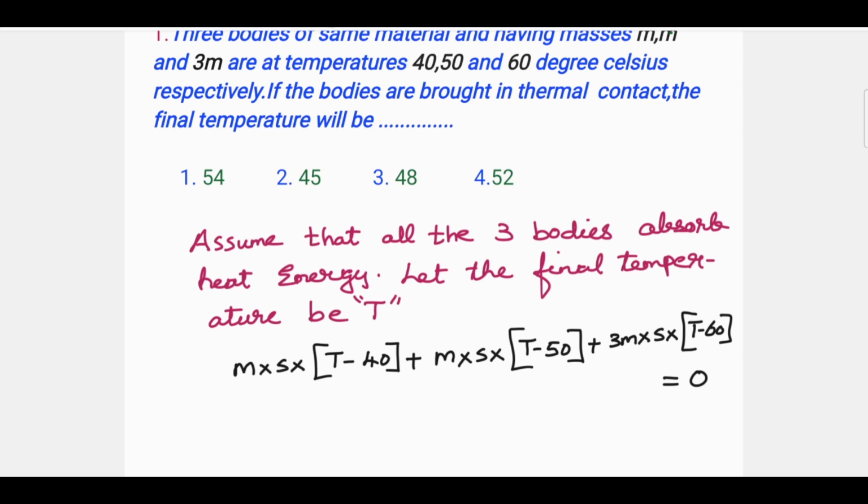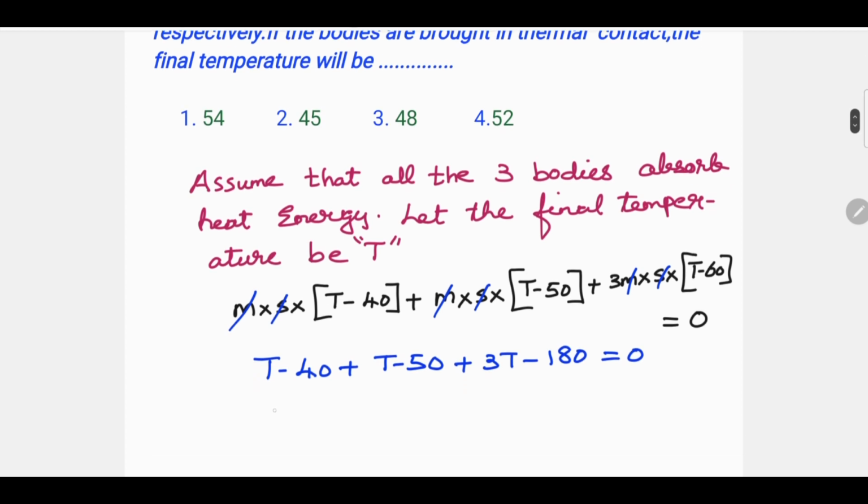Now in all the terms you can cancel out m and S. What is left is T minus 40 plus T minus 50 plus 3T minus 180 equals 0. On solving you get T equal to 54 degrees Celsius. So the first option is our correct option.